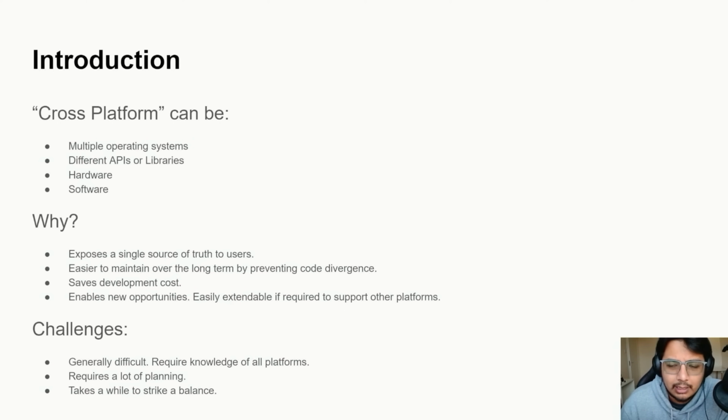Also, when creating an abstraction layer, it takes a while to strike a balance because each platform has its own nuances that you might need to consider. Ultimately, all of those platforms do pretty much the same thing. It's just that some of them have nuances in how they reach the same outcome. So because of that, it usually takes a while for your abstraction layer to strike a balance, right?